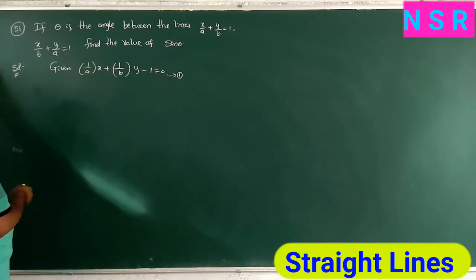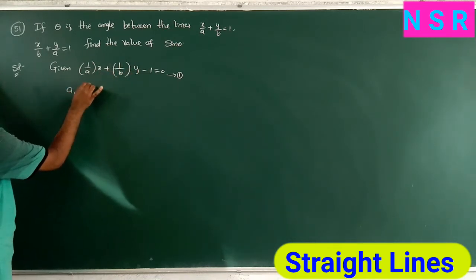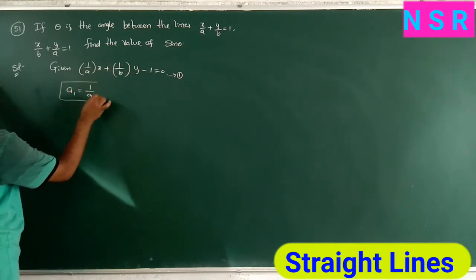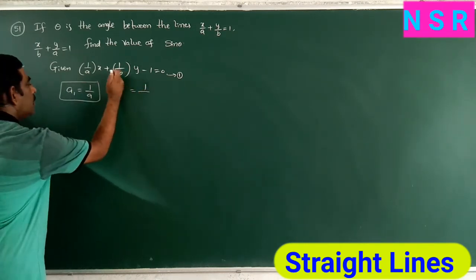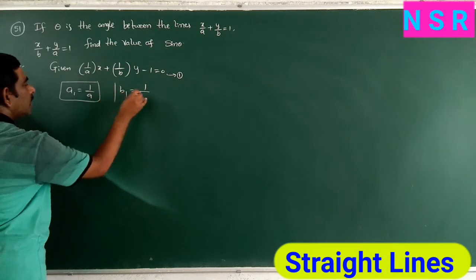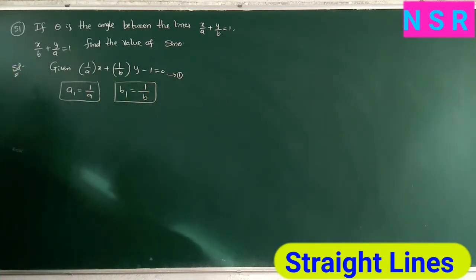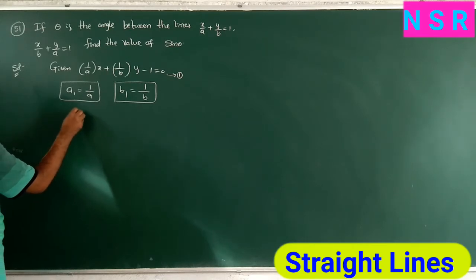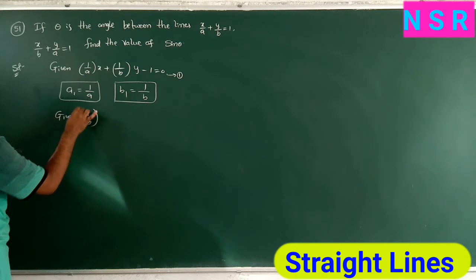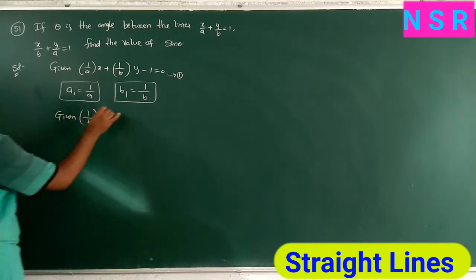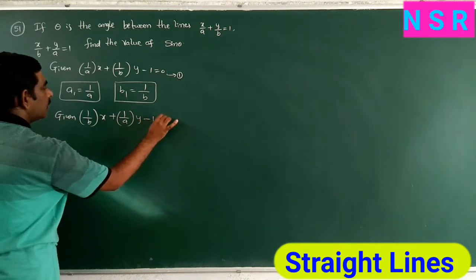Equation 1 compare with a1x plus b1y plus c1. Now a1 equal to 1 by a, and b1 value is 1 by b. Again given another line, we can write it as 1 by b into x plus 1 by a into y minus 1 equal to 0.